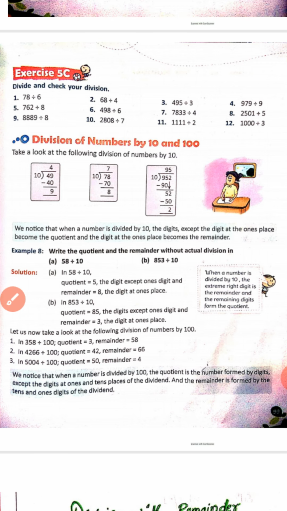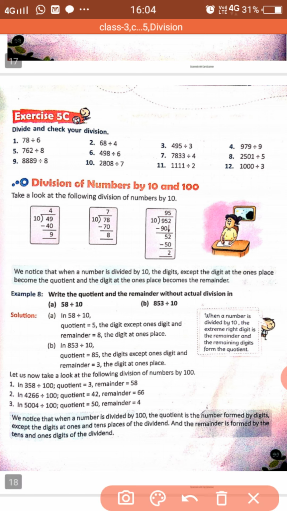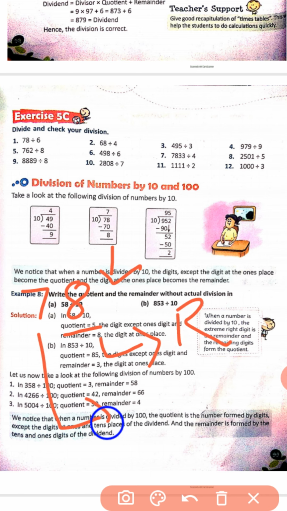Now in the second example, when we divide 78 by 10, we observe the ones place digit 8 is the remainder, and the remaining digit is the quotient.